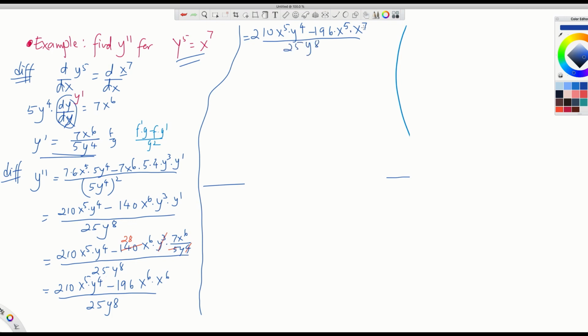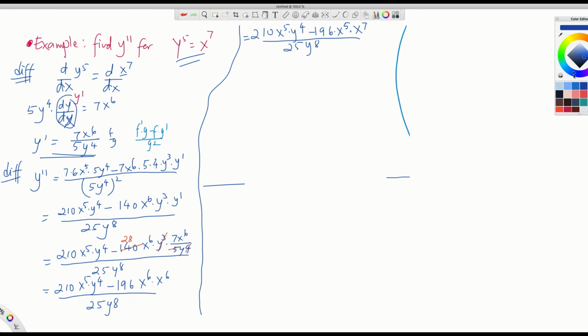Why did I do x to the 5 and x to the 7? Look at it here: x to the 6 times x to the 6 is x multiplied 6 times and another 6 times, so altogether there are 12 x's multiplied together. I want to distribute that 12 into 5 and 7, because x to the 7 can be written as y to the 5, so that I can match this term.